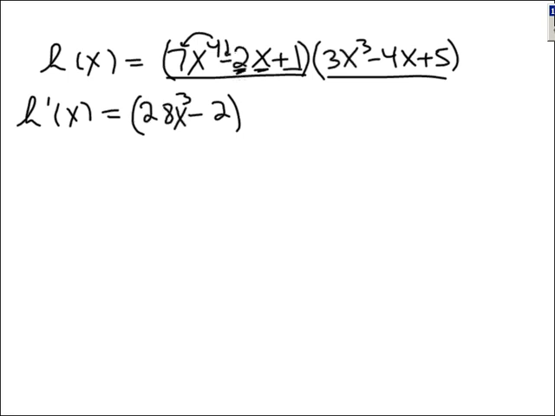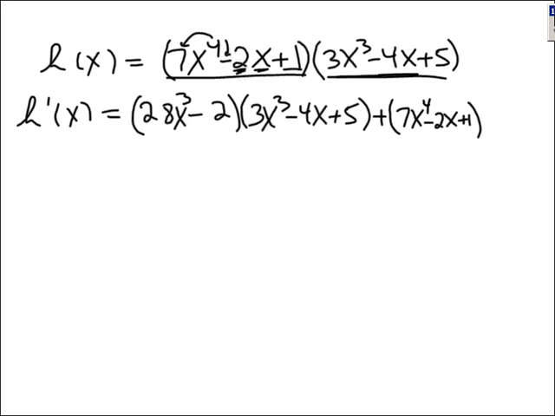So it's the derivative of the first times the second. The second is whatever the second is. It's not the derivative of the second, it's just the second. Then it's plus the first, 7x to the 4th minus 2x plus 1, times the derivative of the second, which is 9x squared minus 4.